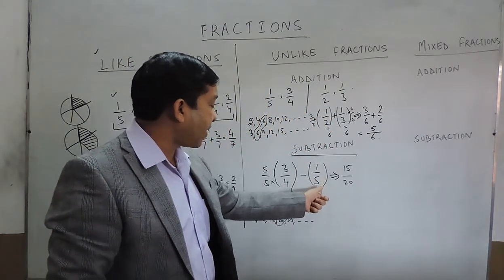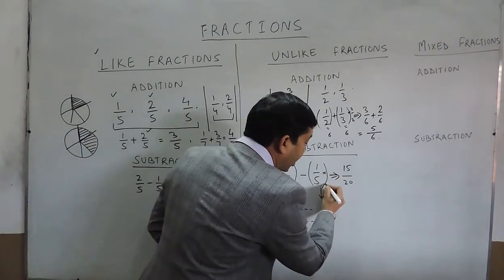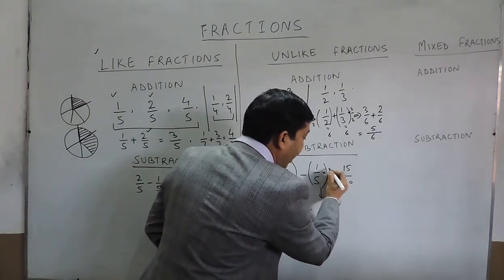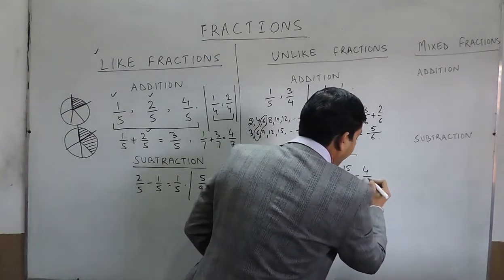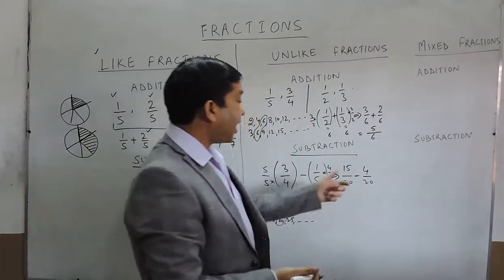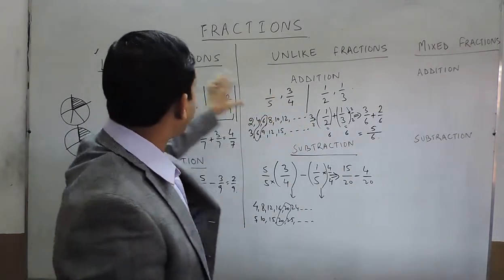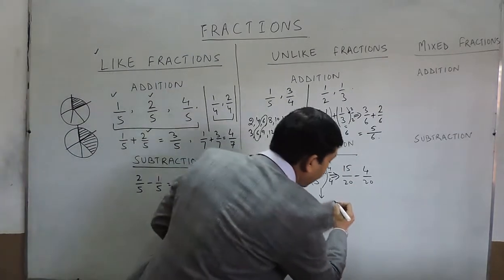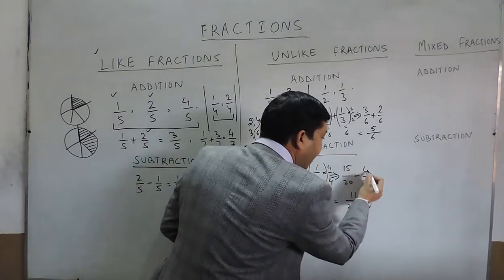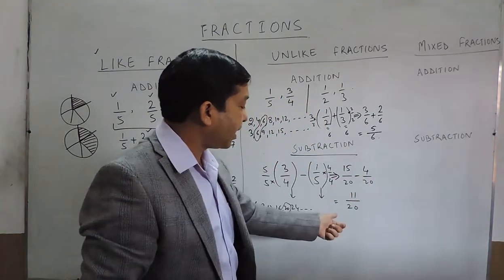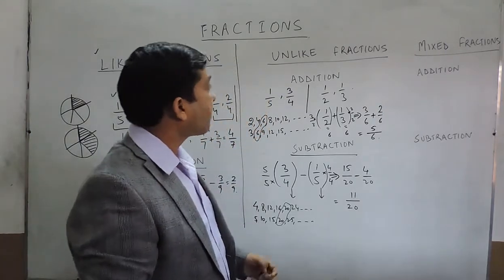Here when it is 1 upon 5 and we have to make the denominator 20, we have to multiply it by 4, so we multiply 4 in the numerator as well, it becomes 4 upon 20. Again we have converted the unlike fraction into the like fraction and here the answer comes out to be 11 upon 20, because we have to subtract 4 from 15, it becomes 11 upon 20.